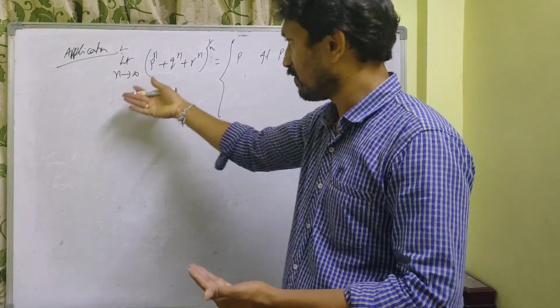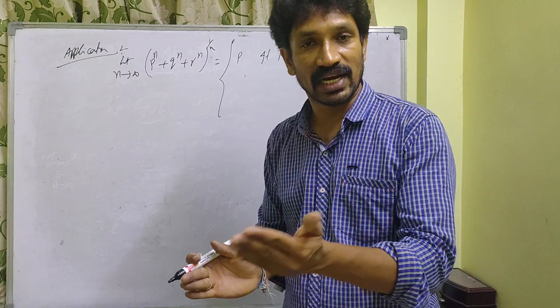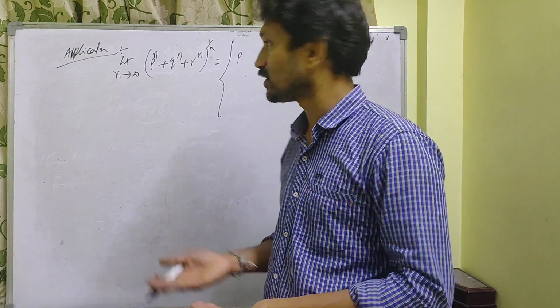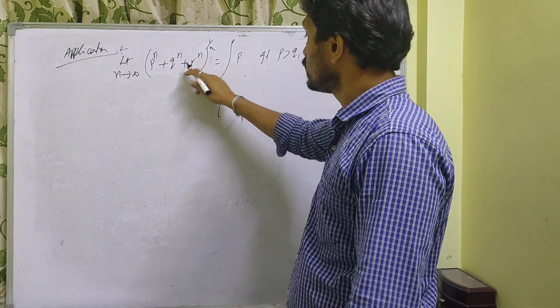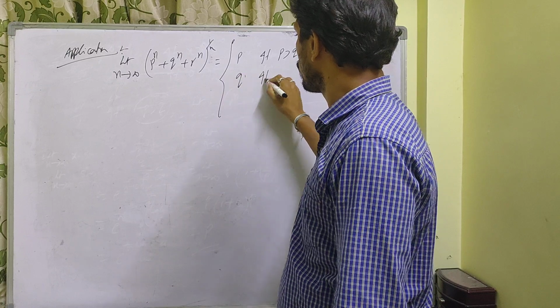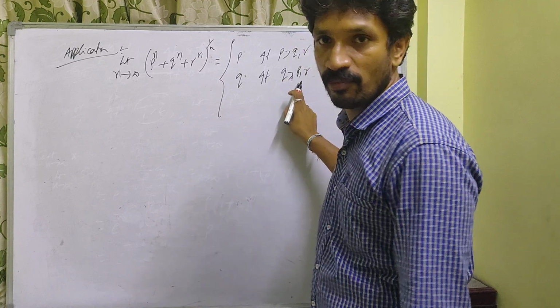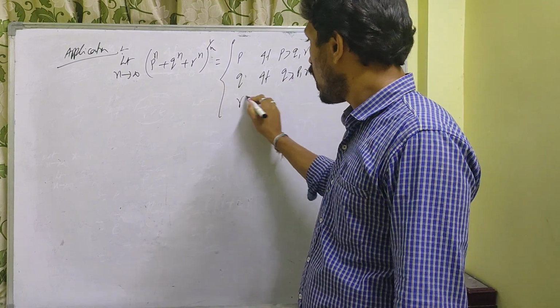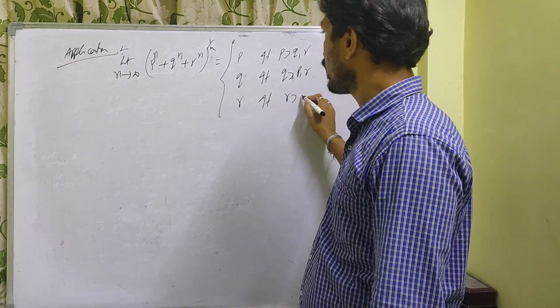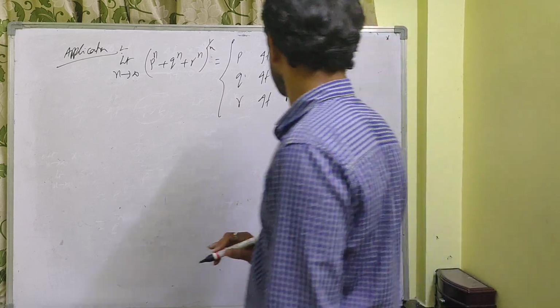Same as in the previous example, when p is greater than q, p is the answer. Same here, you get p. You get q if q is greater than p and r, that means q is the biggest number compared to p and r. You get r if r is greater than p and q.